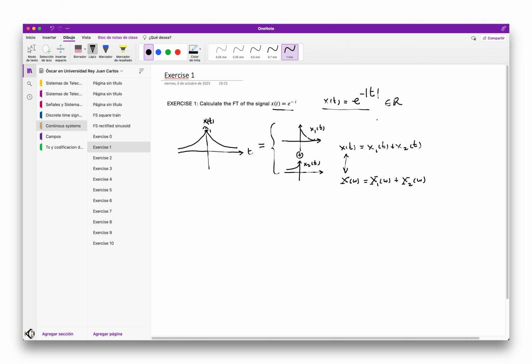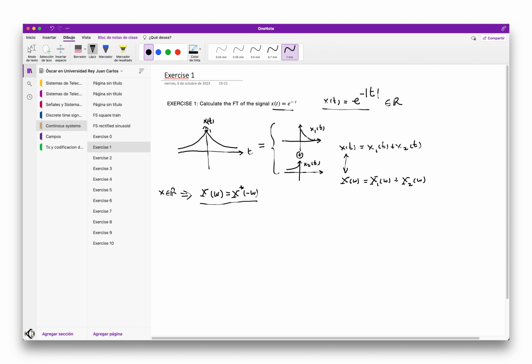Remember that for any real-valued signal there is a property of the Fourier transform: if x is real, then its Fourier transform is Hermitian, which means that X of omega is the same as X conjugated of minus omega. We say that a signal that verifies this is a Hermitian signal.